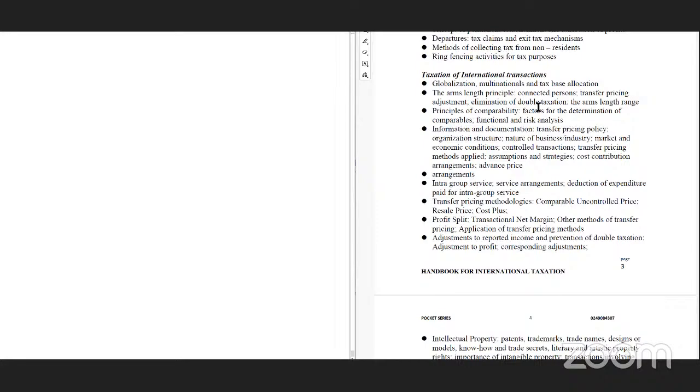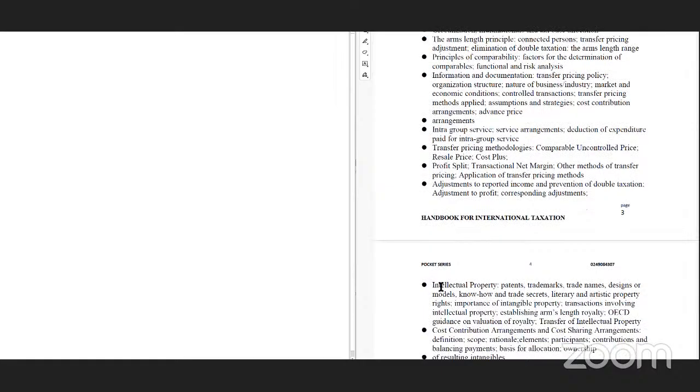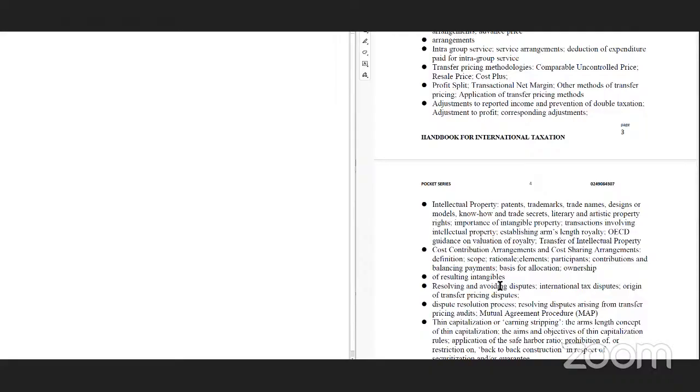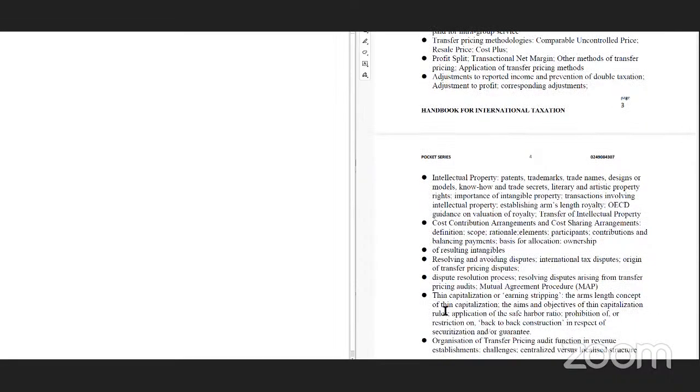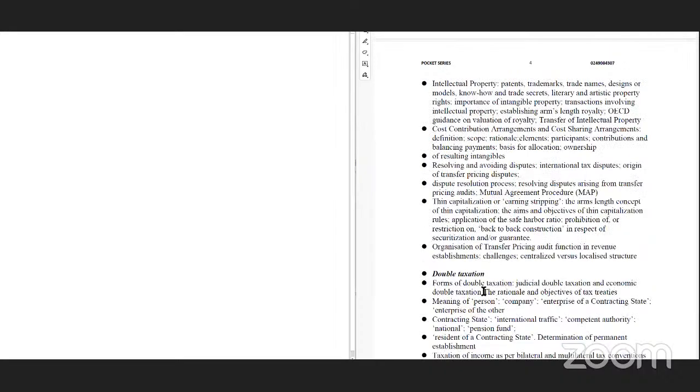Advance pricing arrangements, intra-group services, transfer pricing methods, profit splitting, adjustment to reported income, and prevention of double taxation, adjustment to profits. We come and look at intangible assets, cost contribution arrangements, how to avoid and resolve disputes in transfer pricing, dispute resolution procedures, and finally, we come and look at what?